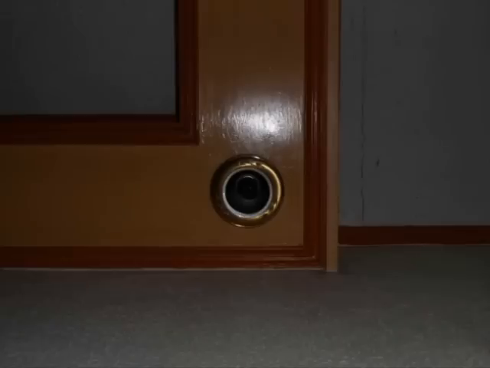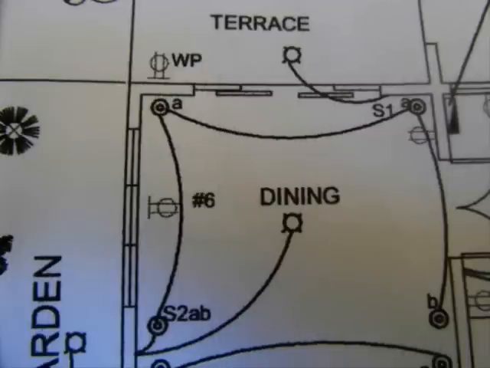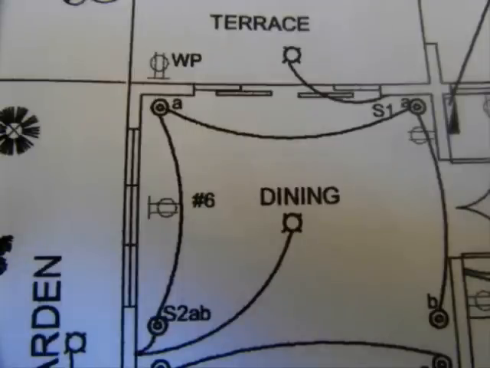Next are the switches. S1 means that there is only one switch for a certain load. S2 means that there are two switches connected to two loads.